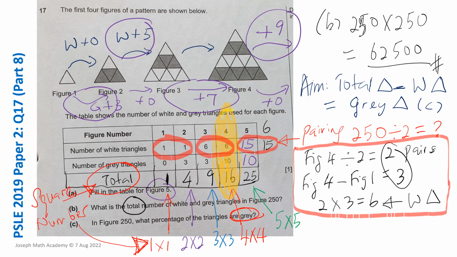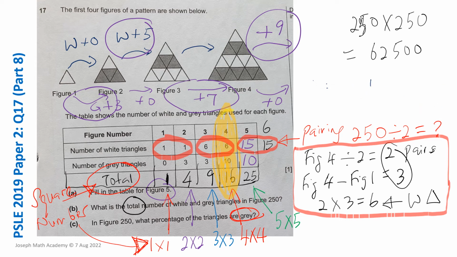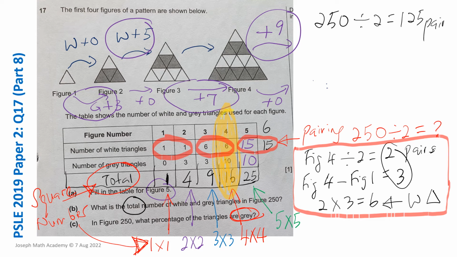I'm going to remove this part here because I need the space. Part B is easy. So to do part C, I take figure 250 and do pairing, so I have 125 pairs.